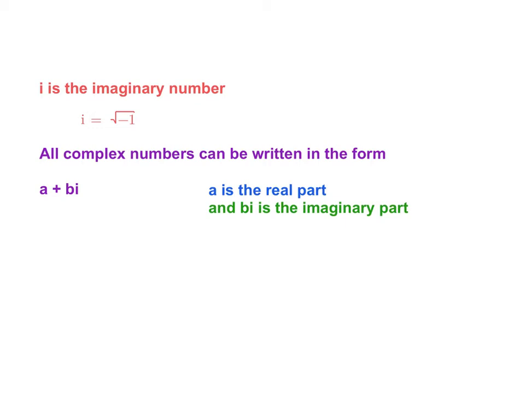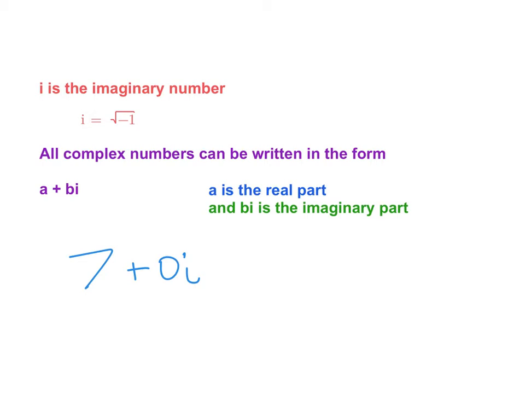Now, when we write a number like 7, there's no imaginary part, right? We wouldn't put plus 0i. What's the point of that? We don't need to. But if I needed to write it in complex number form, that's what you would do.